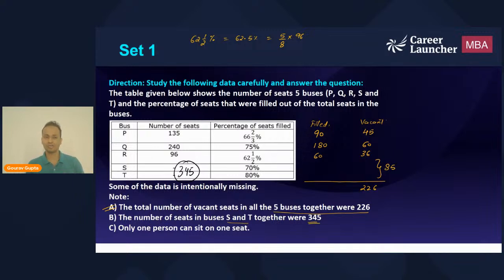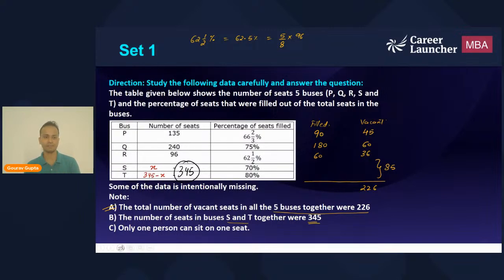This is also given. So if I assume that the number of seats in bus S is X, I can say that the number of seats in bus T will be 345 minus X. So the total number of seats have been assumed as X and 345 minus X.